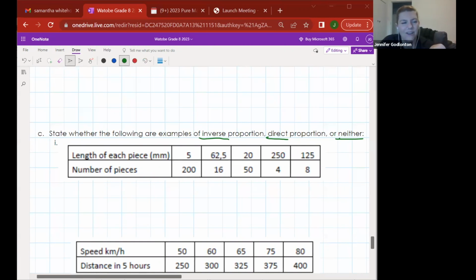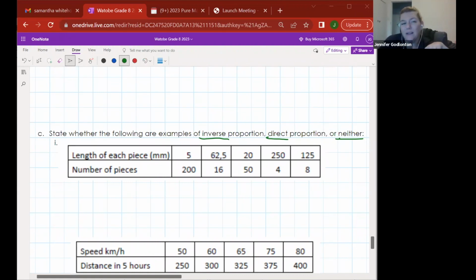Hello. It is inverse proportion. Can you tell me how you know that? Because it is less. You're saying good things. One is going up and one is going down, but that doesn't always mean that it's inverse.